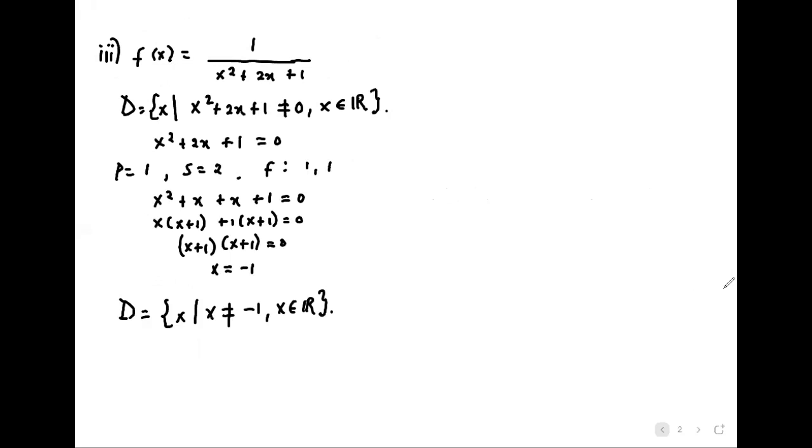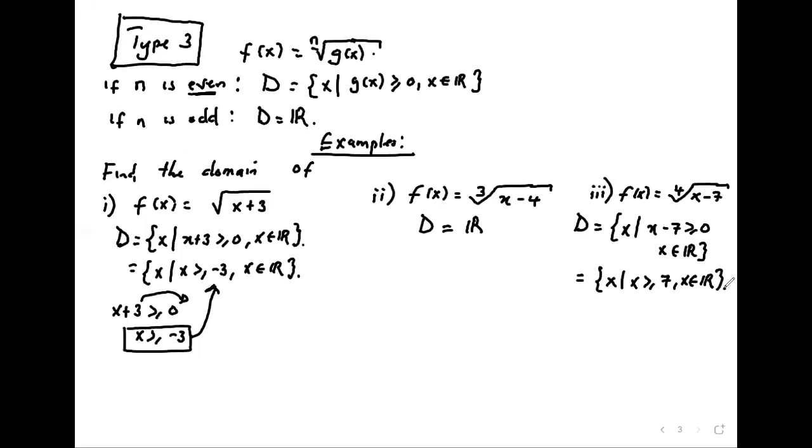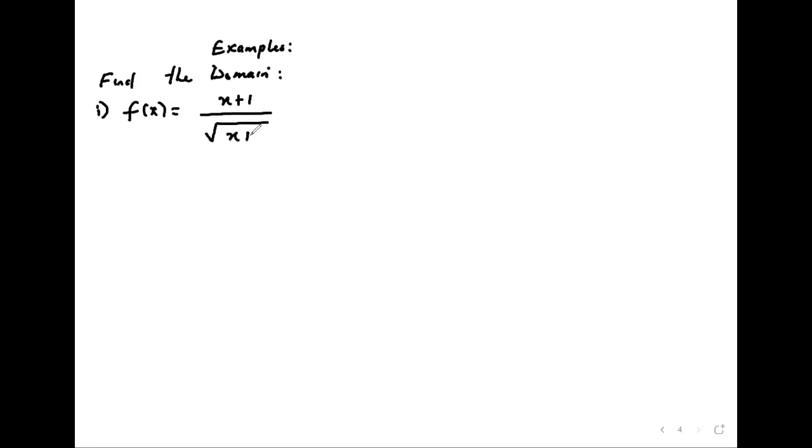Now I want us to do a combined one. We combine type 2 and type 3. We still want the domain. One, f of x is equal to x plus 1 over the square root of x plus 2.